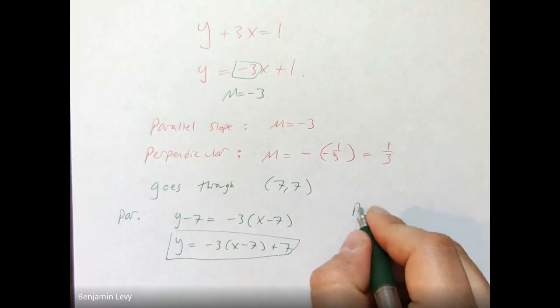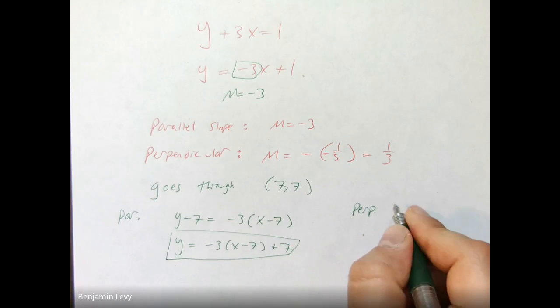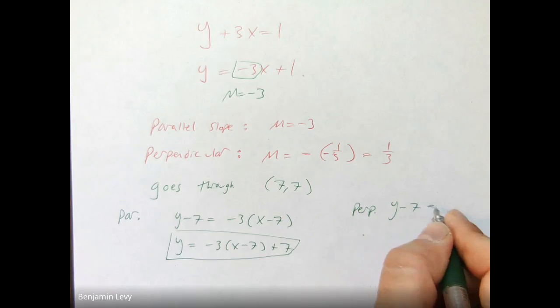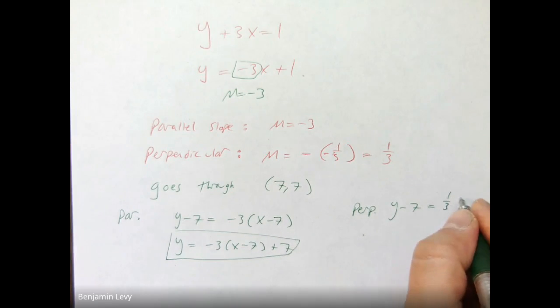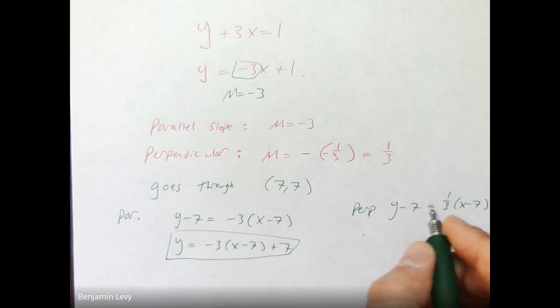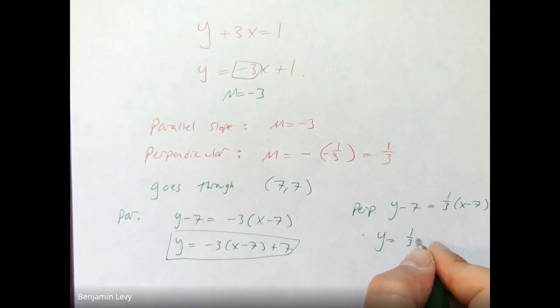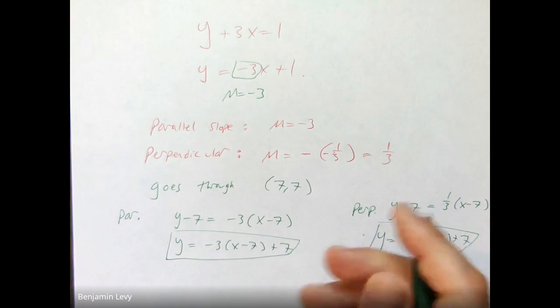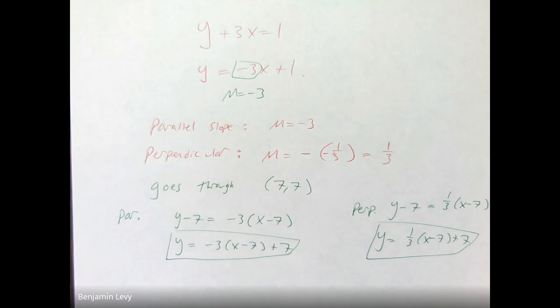And then if you wanted perpendicular, you do the same thing, y minus 7, except you use a different slope. You use 1/3. Add the 7. Oh, now I see it.